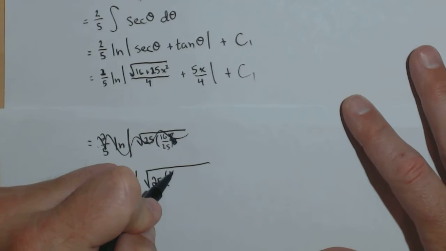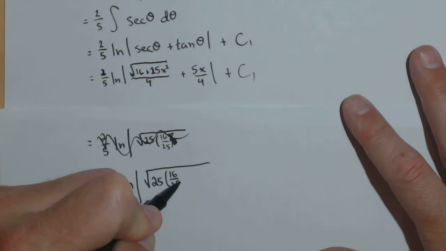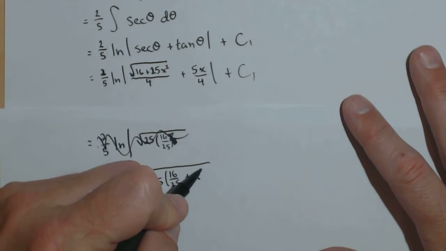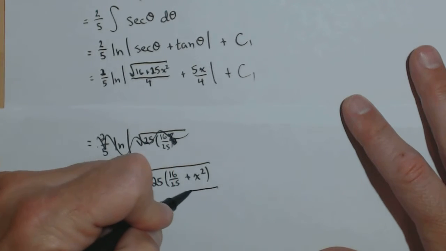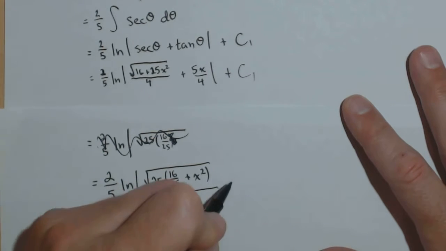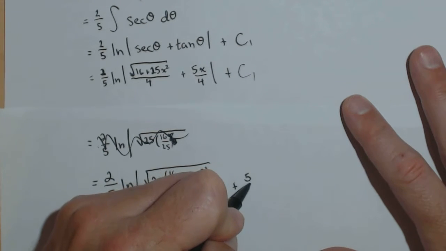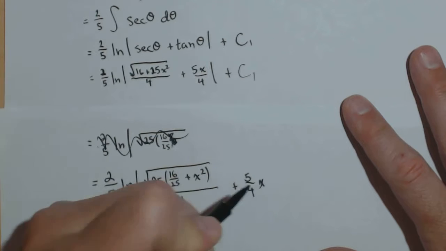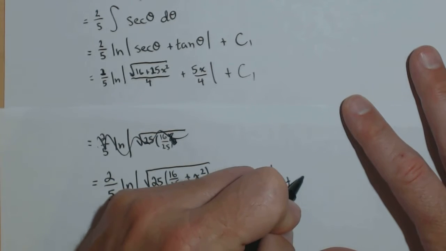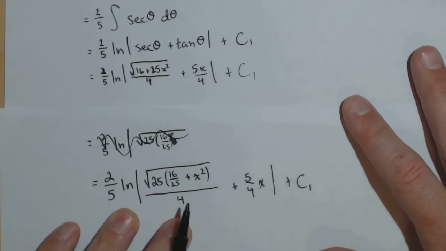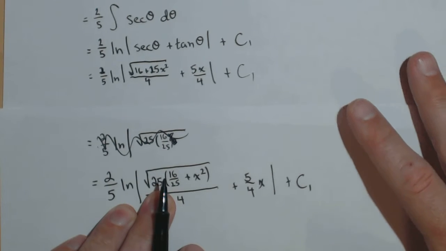That first term then becomes 16 over 25. The second term just becomes x squared all over 4 plus, and I'm just going to rewrite this as 5/4 times x, and you'll see why shortly. Okay, so all I did was factor a 25 out of that first term.